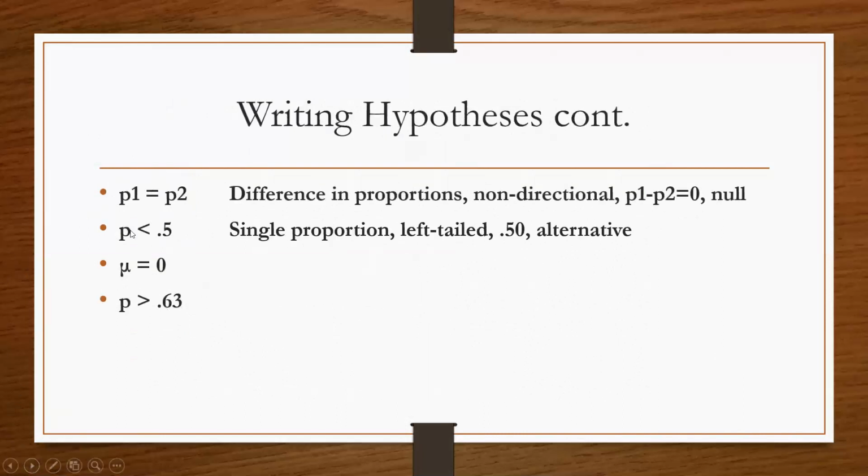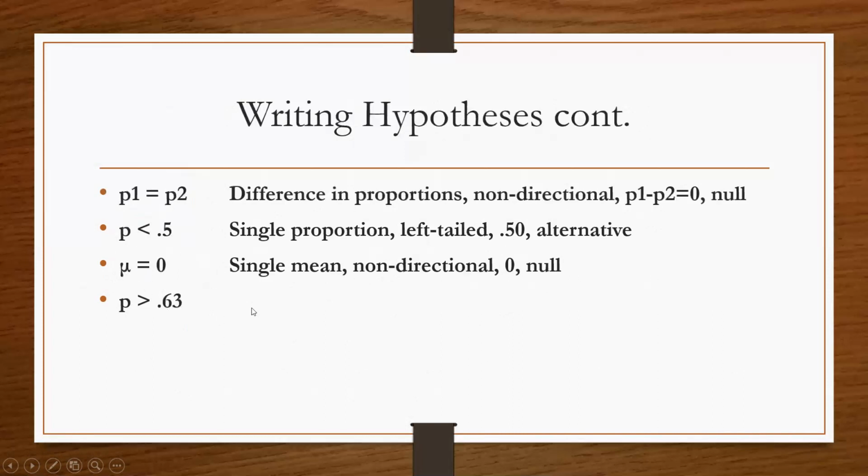Next up, you've got a single proportion. It's left-tailed because it has the less than sign. The value is 0.5, and it's an alternative hypothesis because it's saying that it's something different than the value that they gave you. The next one, it's a single mean because it's got mu. Non-directional because it's got the equal sign.